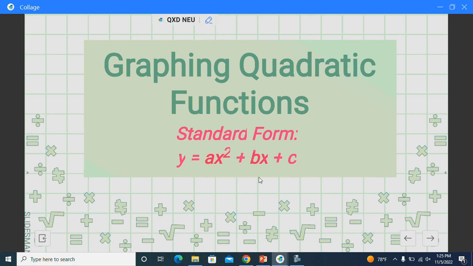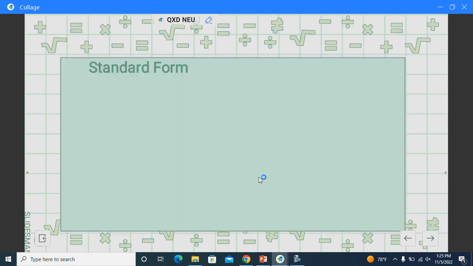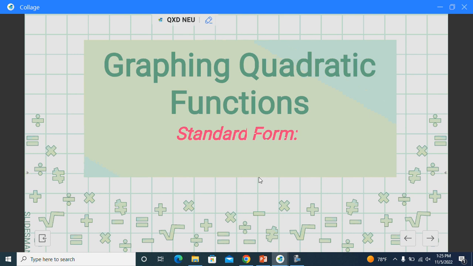Good afternoon. Today we'll have graphing quadratic functions in standard form. That standard form is y equals ax squared plus bx plus c.